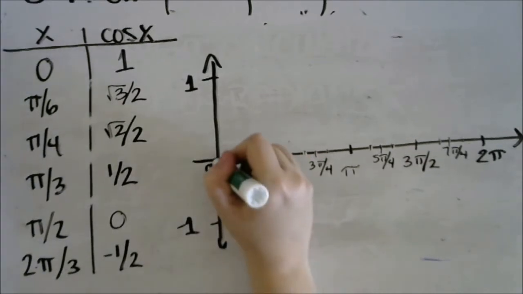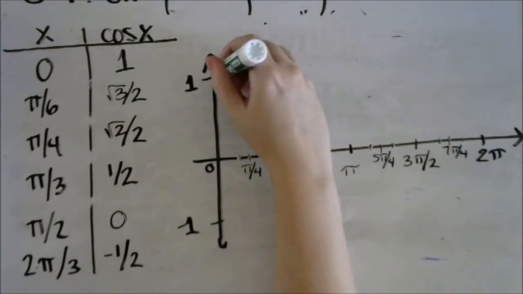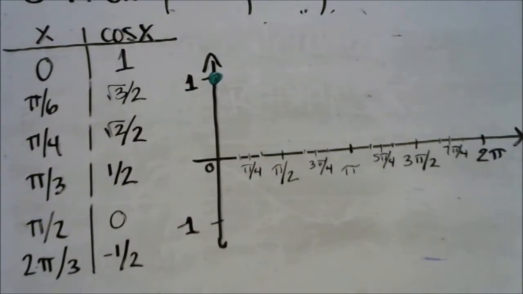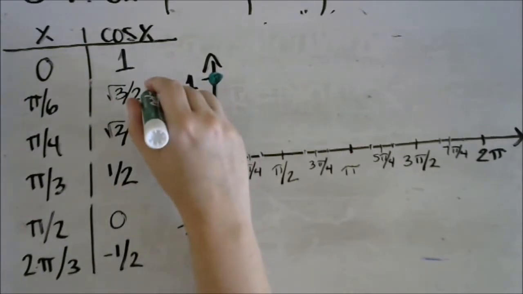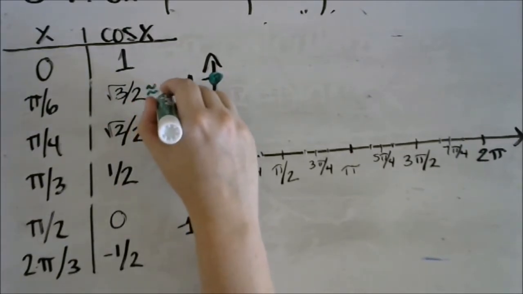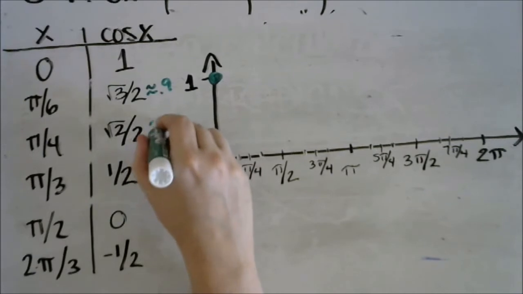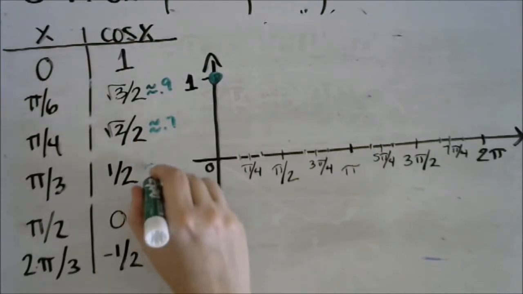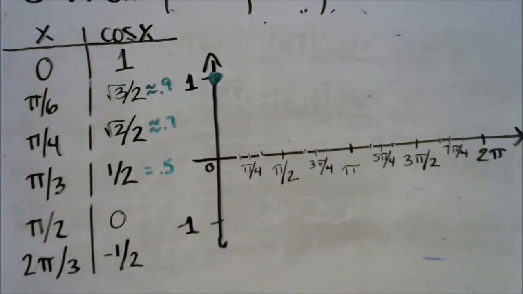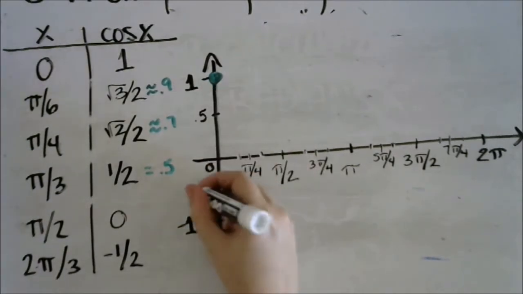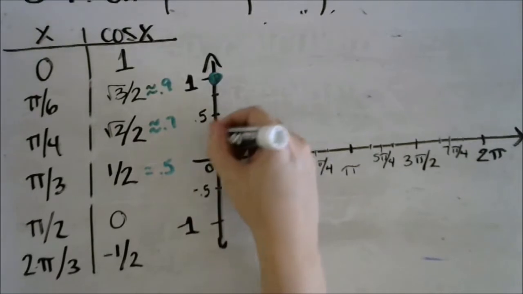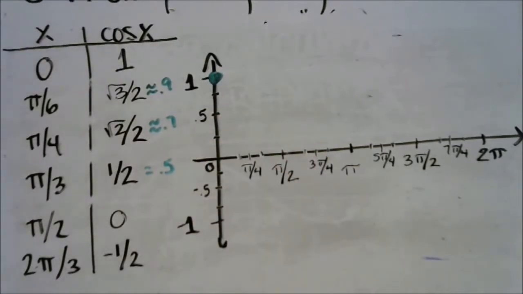Instead of starting at 0, 0 like sine, cosine starts at 0, 1. By pi 6, it's rad 3 over 2, and if you remember from sine, this value is still approximately 0.9, approximately 0.7, and exactly 0.5. Realized I didn't label all of my y-axis. There we go.